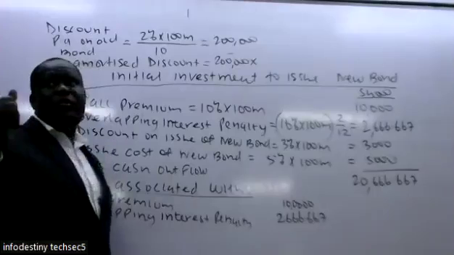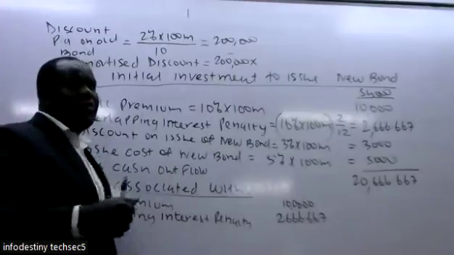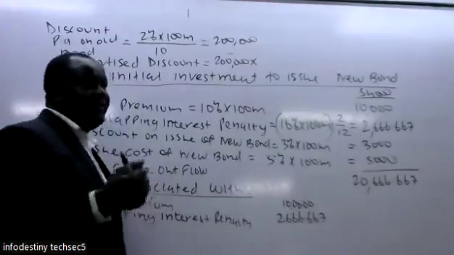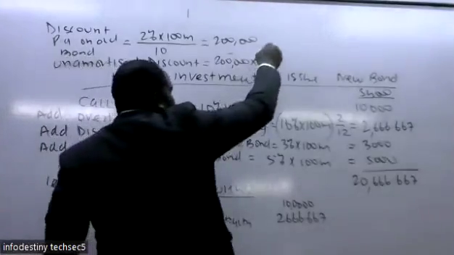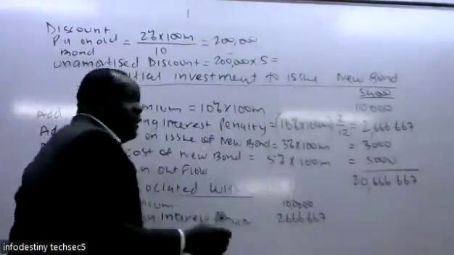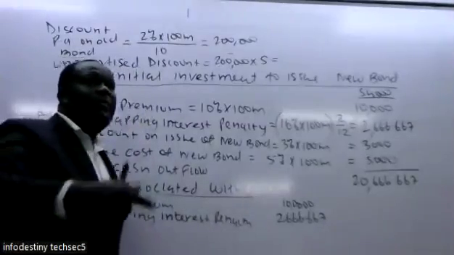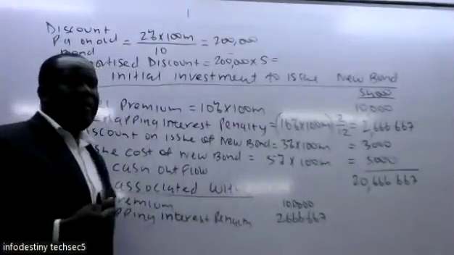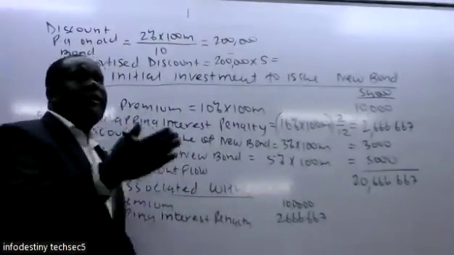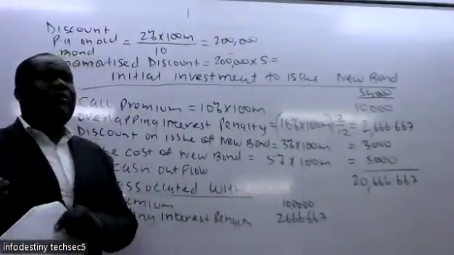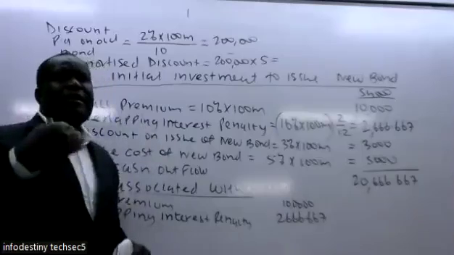It was issued 5 years ago, so multiply by the remaining 5 years, because it is amortized on the straight line basis. For the first 5 years, it has been written off, so the remaining has not been written off.